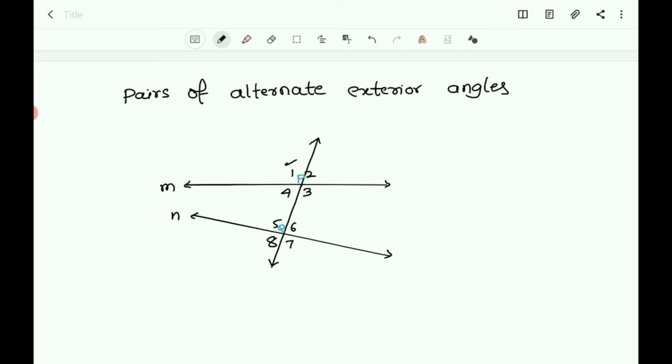So here angle 1 and angle 7 are alternate exterior angles.